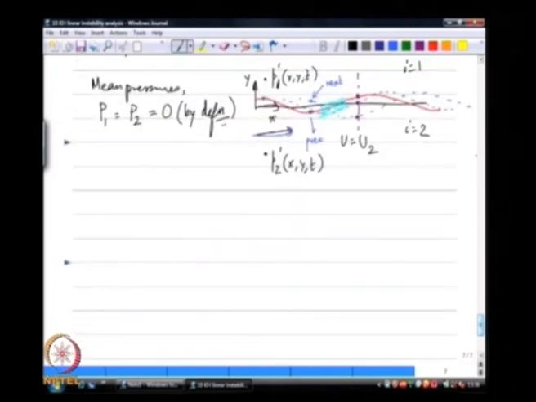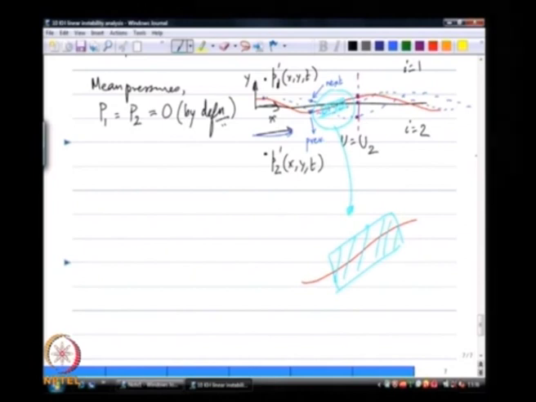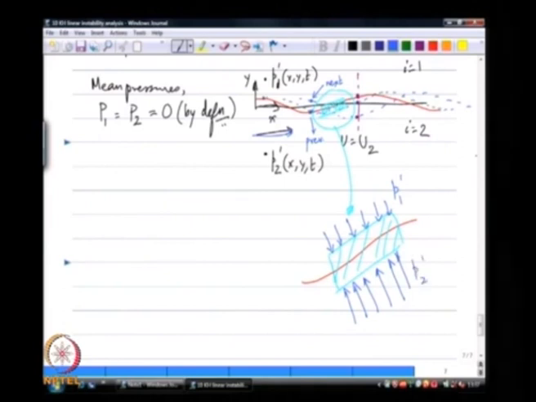So, I will expand that out. There is pressure P1 prime on there, P2 prime on the other side, and there is a surface tension force.